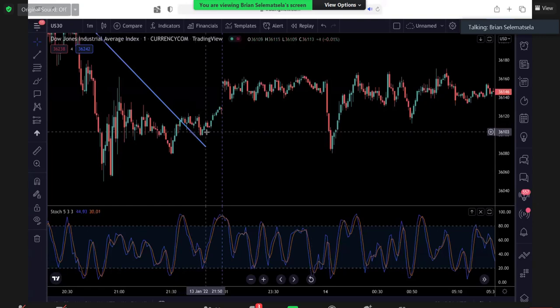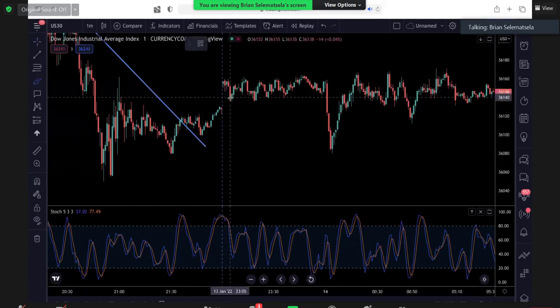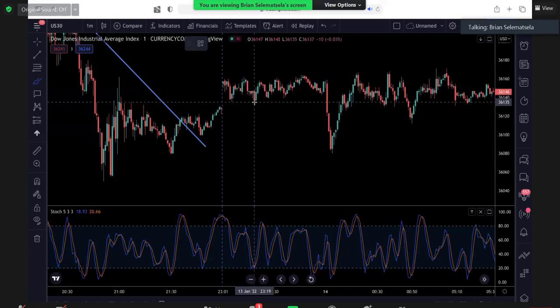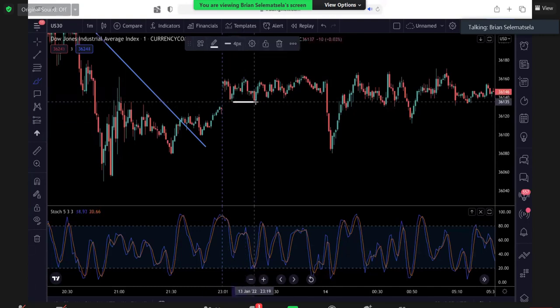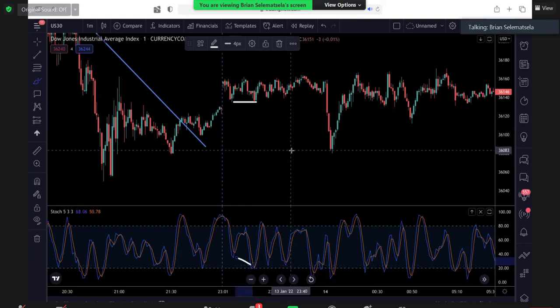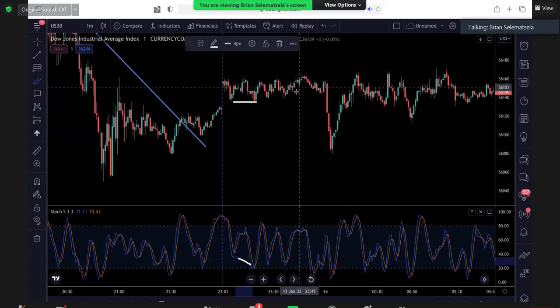So the first divergence from here, where the market touches the overbought, it is between here and here. No, it doesn't make sense. This line is the only horizontal line. So it doesn't make sense to connect it with that one. Let's check for the second thing.